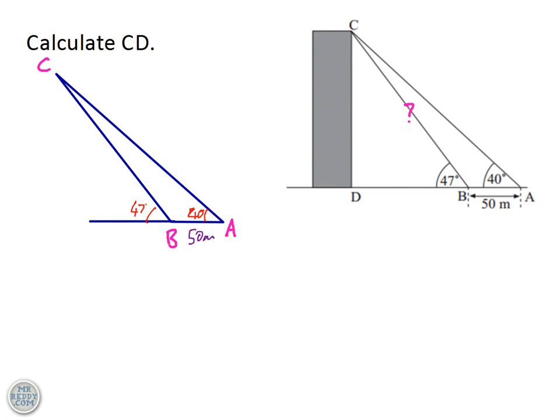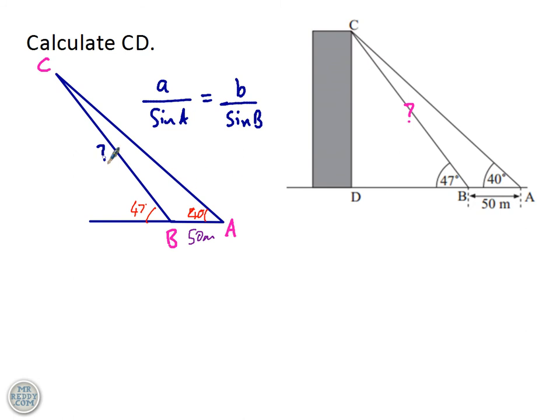If we're going to use the sine rule, which I suspect we're going to want to use to find this length here, CB, then we would really want to know a pair of a side and its opposite angle, and another pair. Let's say we've got a pair.